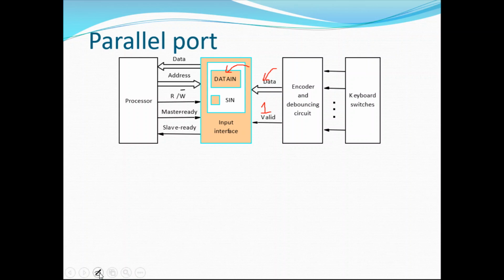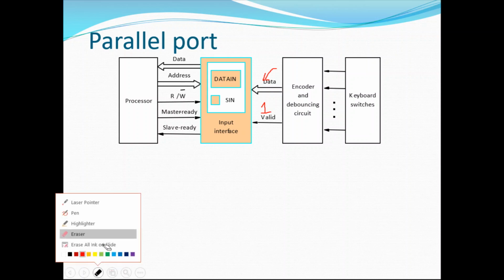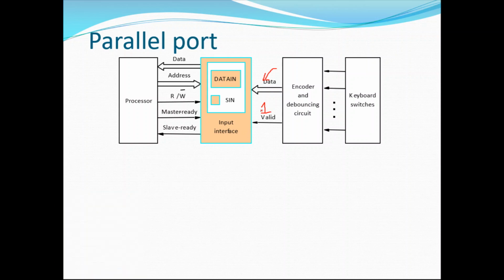Once the valid bit is 1, only then will the data be moved to the data in register. The IO interface circuit keeps checking the valid signal, whether it is 1 or not. If it is 1, it understands that some data is available, and it takes that ASCII value and keeps it in the data in register.